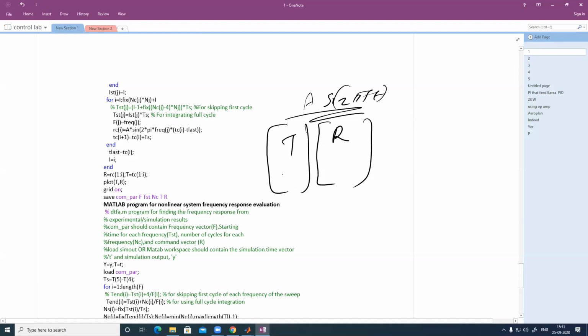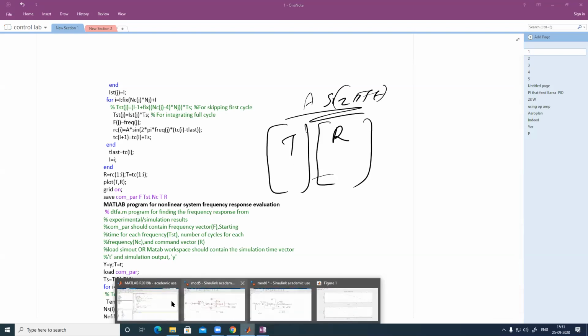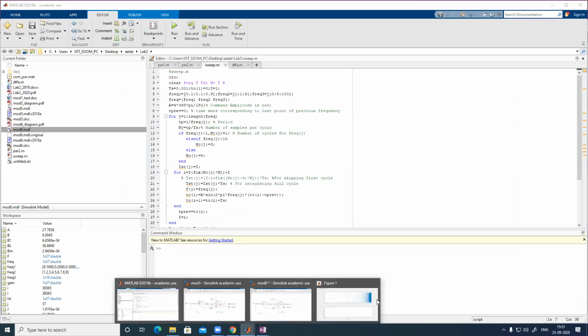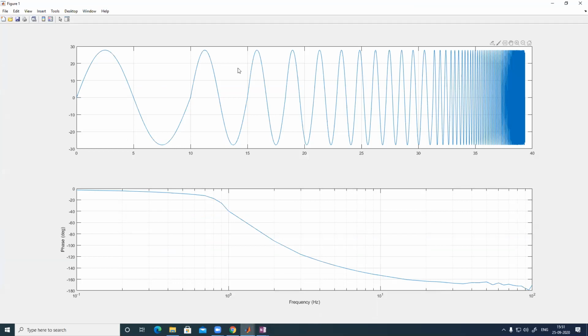This T vector and R vector is generated by running this code, sweep.m. I run sweep.m and I will get the sine waves: 1 hertz, 2 hertz, like that, from 0.1 to 100 hertz. Clear? Yes.